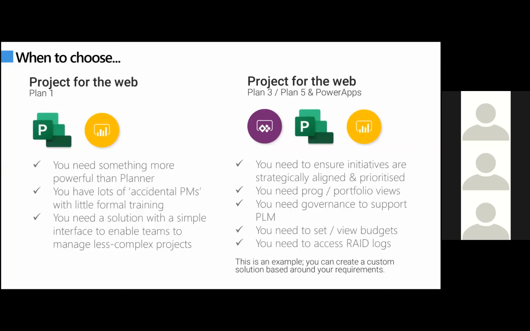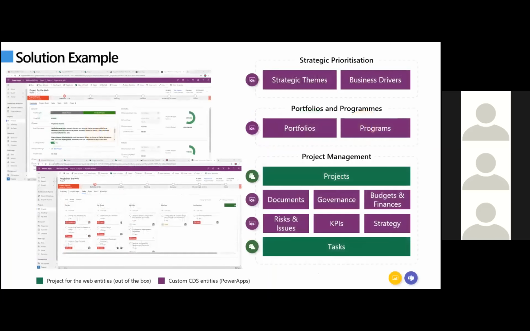That is what we want in order to provide power users, such as PMOs, with access to the more sophisticated functionality they would typically require, for example, the ability to add governance workflows to support the defined project life cycles. There are some other examples being displayed on the slide as I talk.